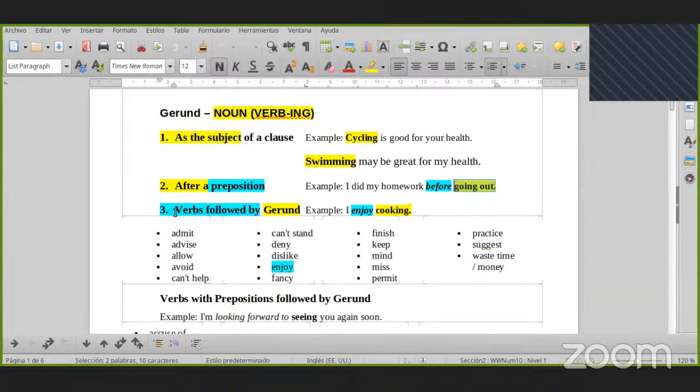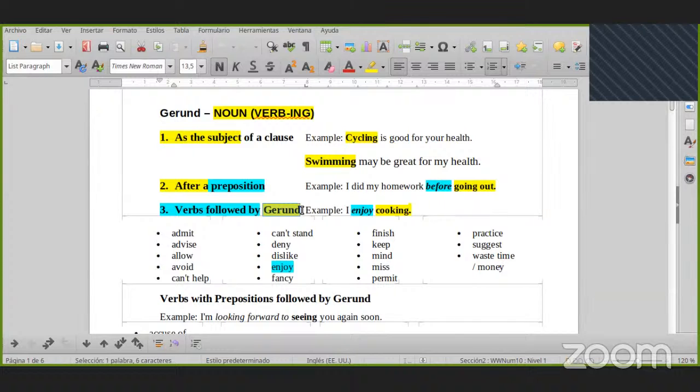Now, the third part is about when we are using verbs followed by gerund, verbos que van a ser seguidos de gerundos. Not all the verbs can be followed by gerunds.